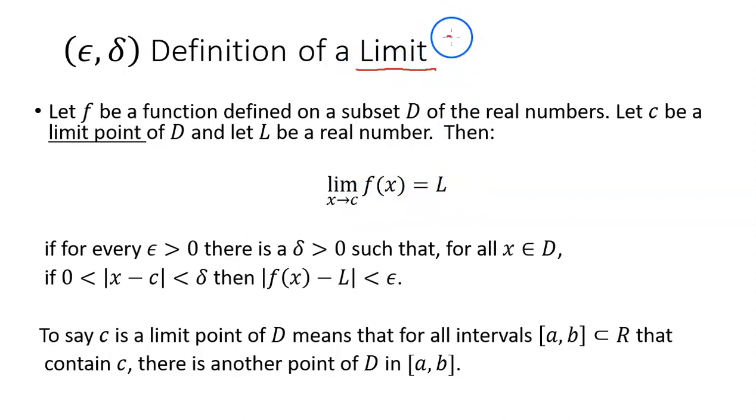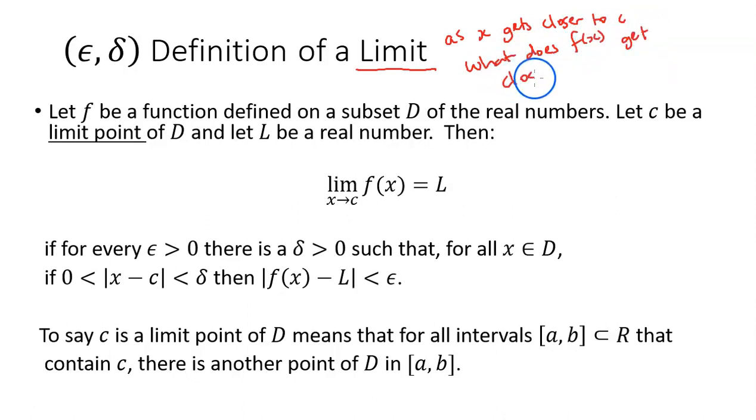So let me write that down. As x gets closer to c, what does f of x get closer to, if anything? And the only problem is we don't really define what getting closer to it actually means.